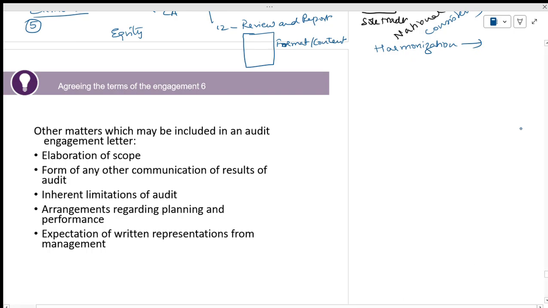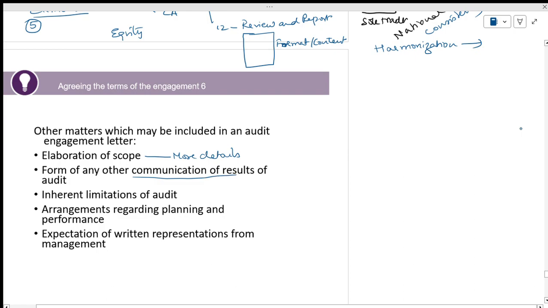What are the other matters included in an audit? You should give some more details. I'm not saying complete details, some more details.